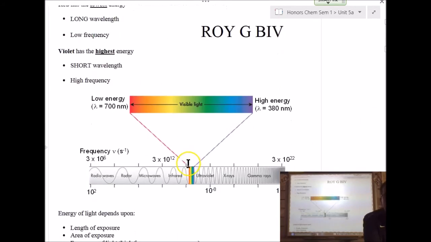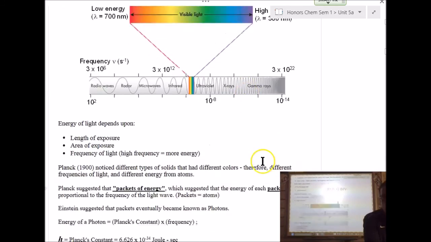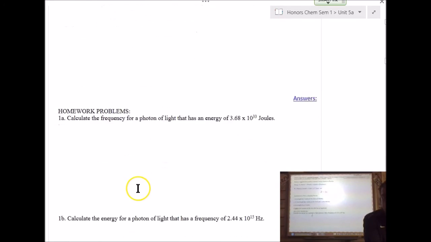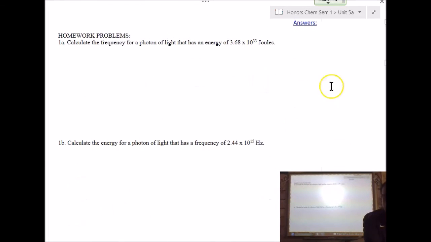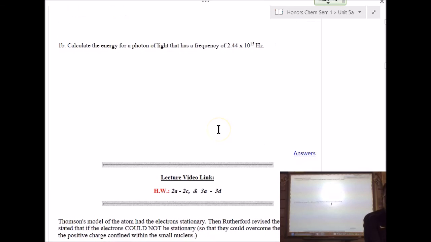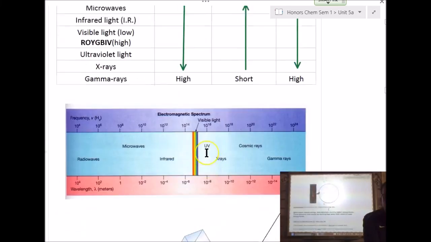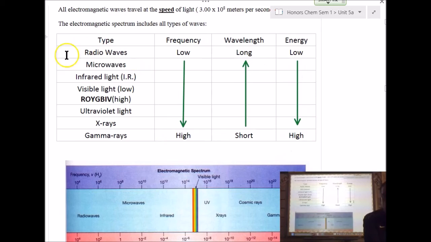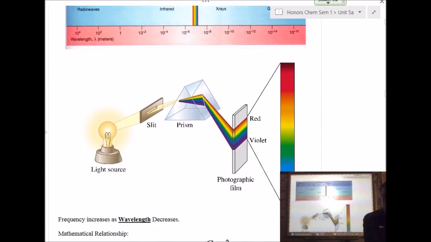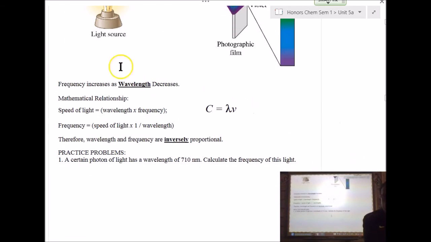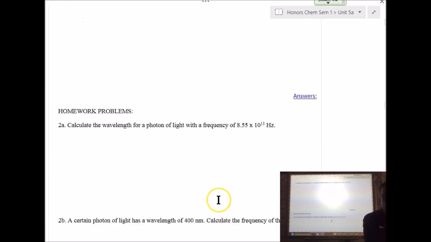Again, lots of good information. Roy G. Biv is huge. Make sure you can do the math. The homework, again, might see some more of those questions back up. Make sure you know that table. There's our equation that we've used quite a few times.